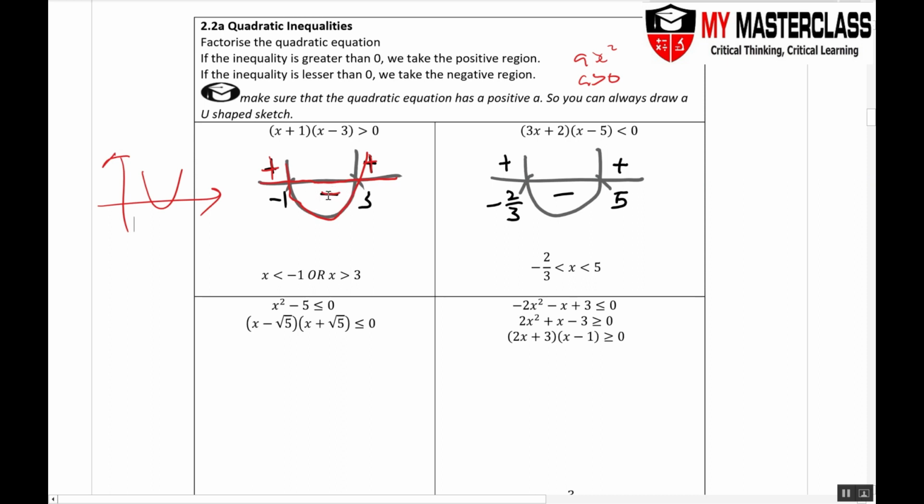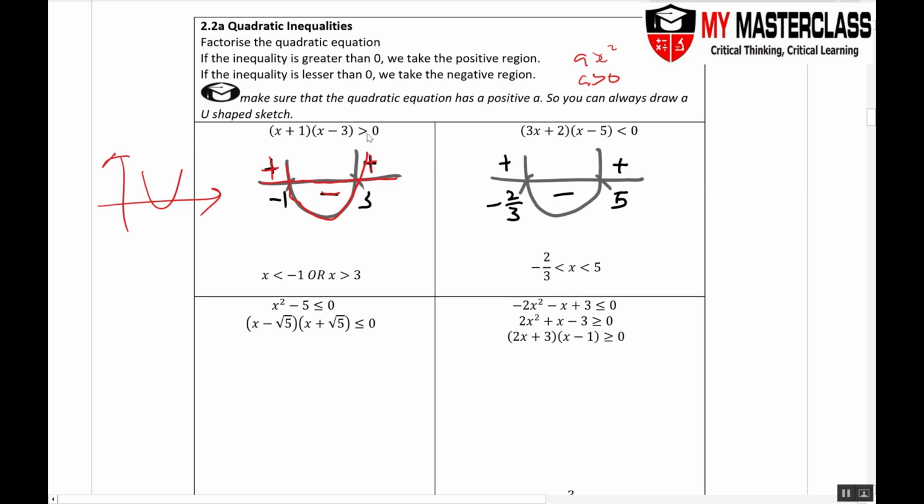Essentially the two points here are your x-intercepts, and obviously the smaller x-intercept is always on the left-hand side. Based on the factorized form, your solutions are -1 and 3. After you have done this, look at the inequality sign.